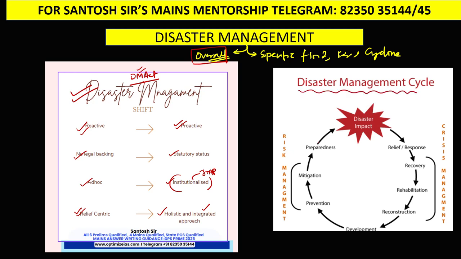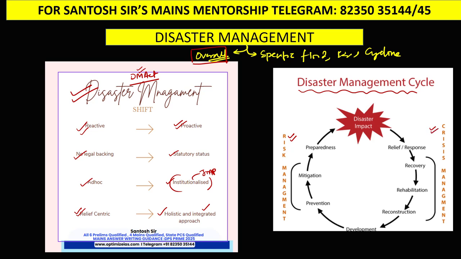Before the Disaster Management Act, the old approach was focusing more on response or relief. But after this Act, which was based on the disaster management cycle, the focus was on risk management and also crisis management.